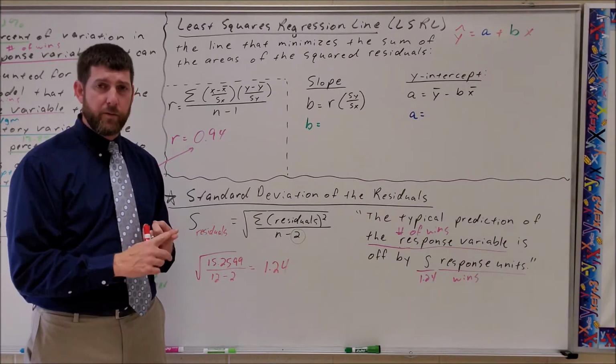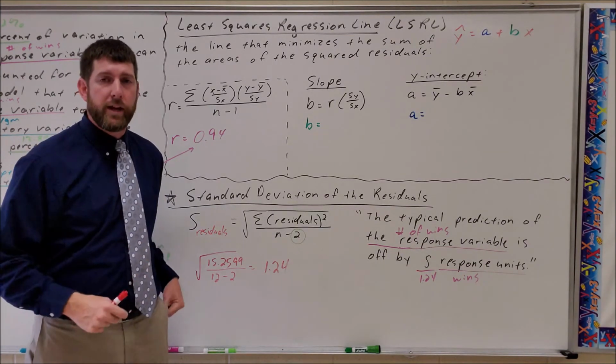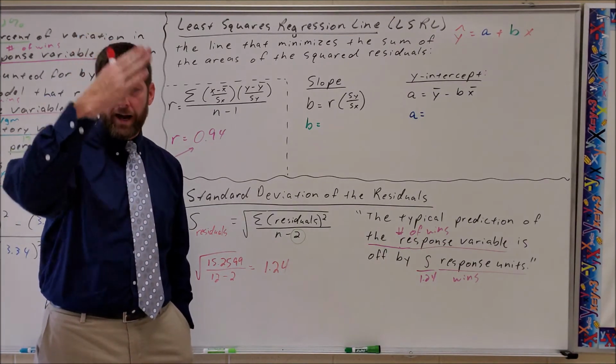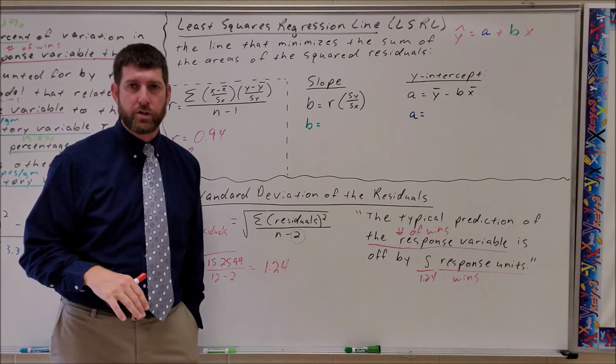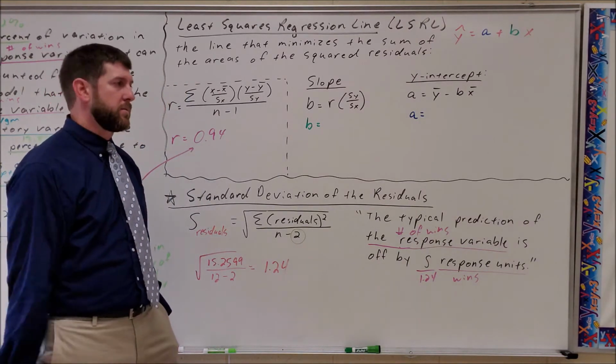A couple things that we know are going to happen on this. One, it's going to have the point X bar, Y bar on that line. It's got to go through my average X and my average Y. So that's always going to be the starting point.